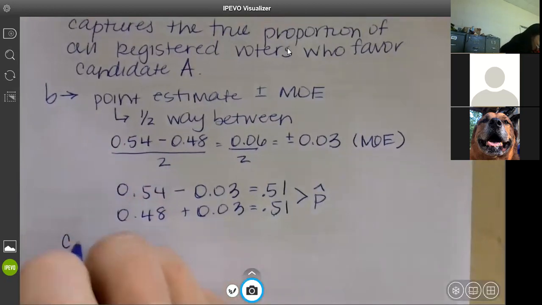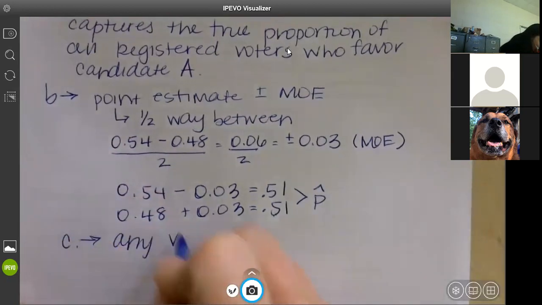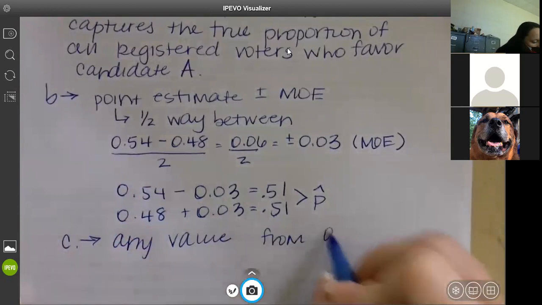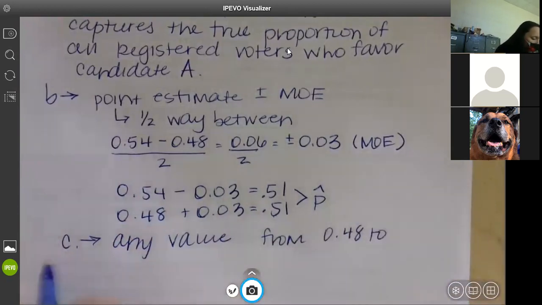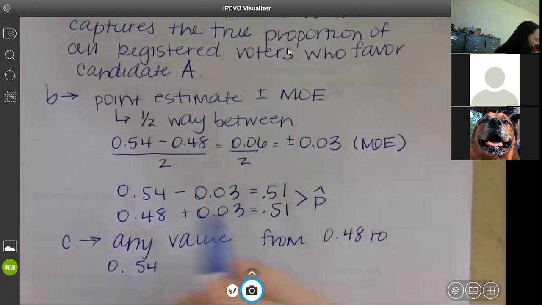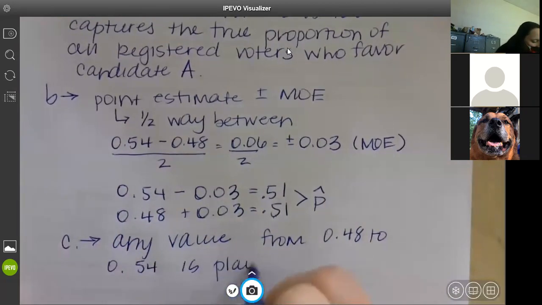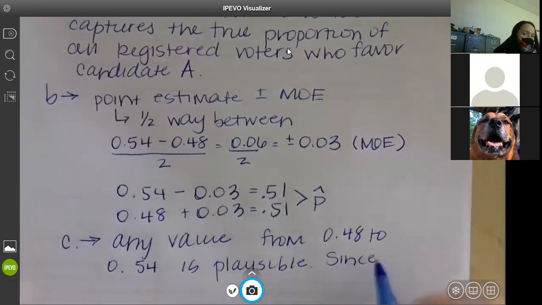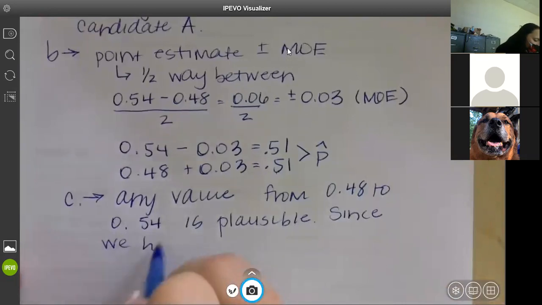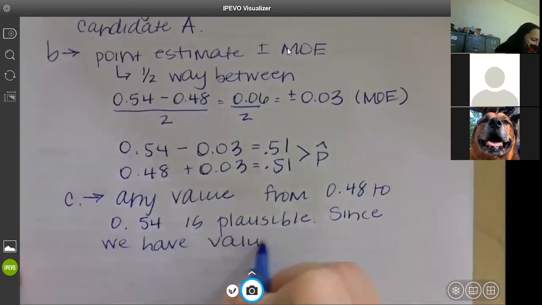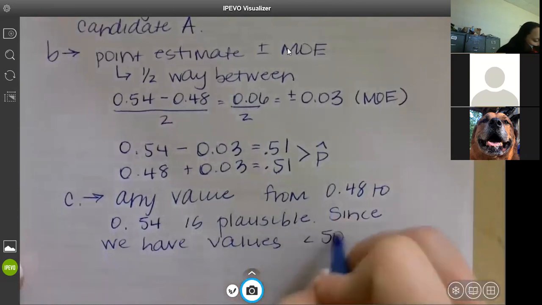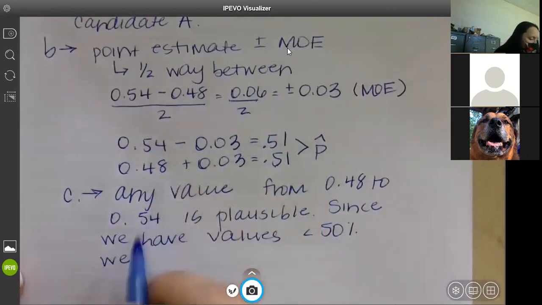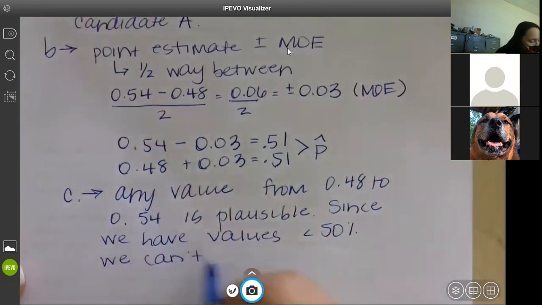So here's what it is. Any value, I'm going to write this all the way out so you can see it, from 0.48 to 0.54 is plausible. It's what we just said, since we have values less than 50%, we can't say there's convincing evidence.